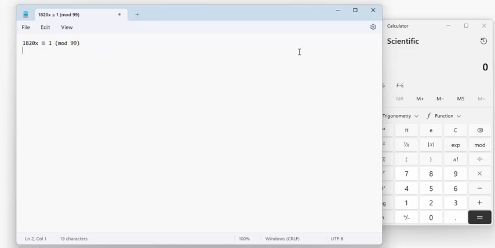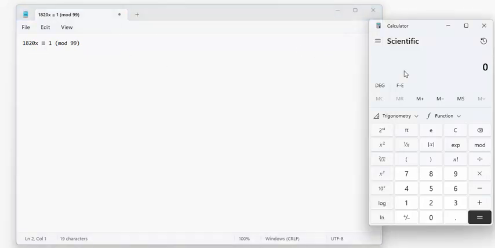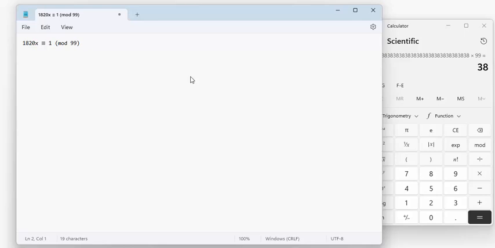Let us use the calculator: 1820 divided by 99, minus 18, multiply back with 99, we get 38. So it is 38x is congruent to 1 mod 99.